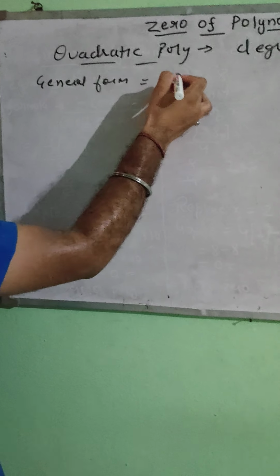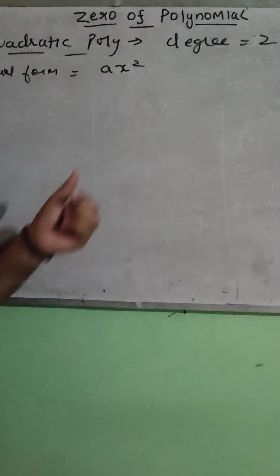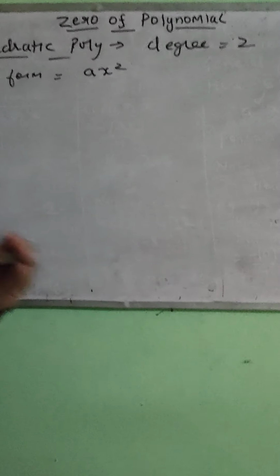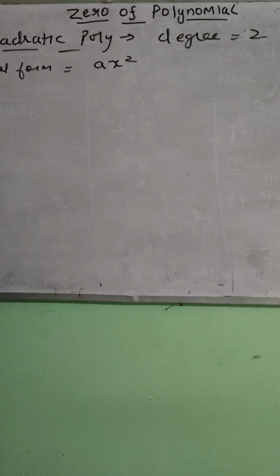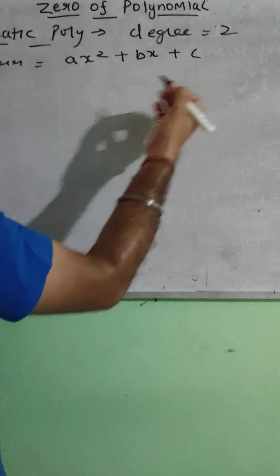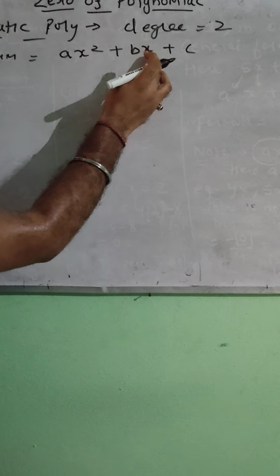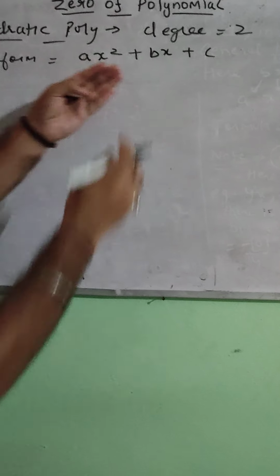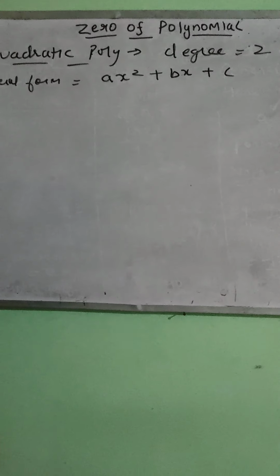The general form is ax square plus bx plus c. I have told you whenever the degree is 2, the maximum number of terms it can have is 3. Here c is the constant, b is the coefficient of x, and a is the coefficient of x square.